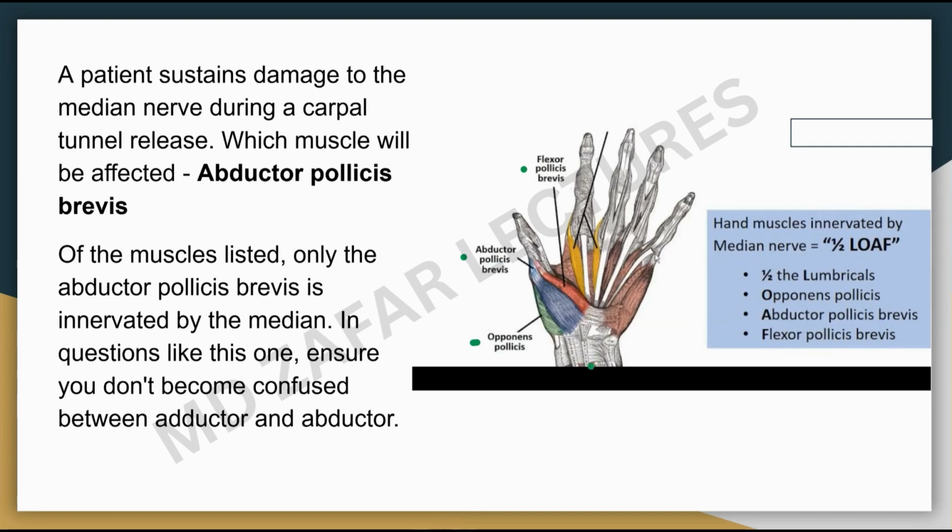Because the median nerve, while passing from here, is going to supply the thenar muscles, which is the only supply of the median nerve within the hand. It also supplies these two lumbricals which are present on the lateral aspect as well. So the answer in this case would be the abductor pollicis brevis, but you should also be aware that these are the other muscles which can be present in the options. So you have to be clear about that.